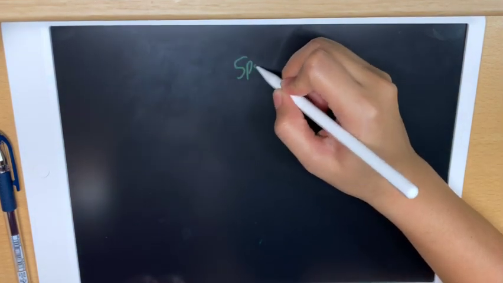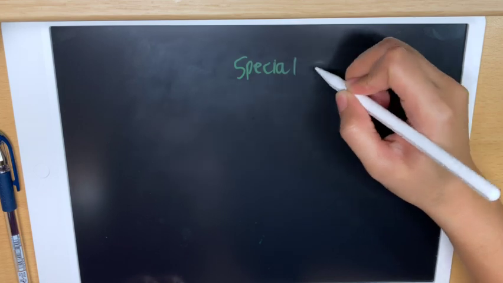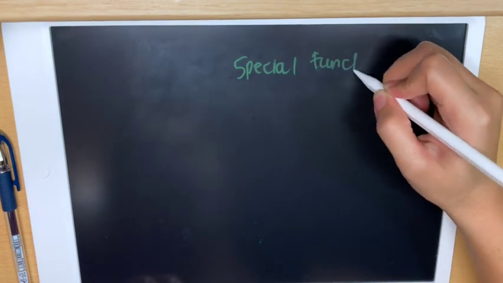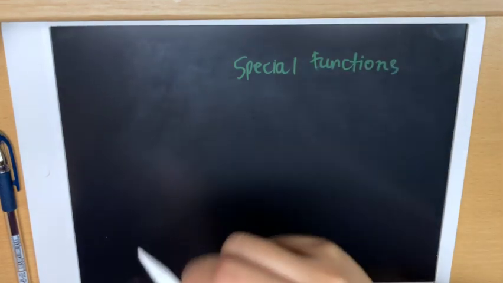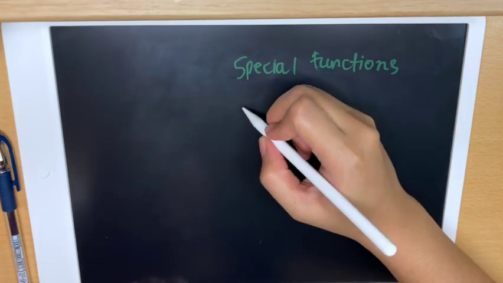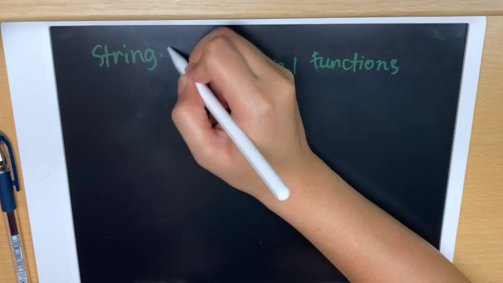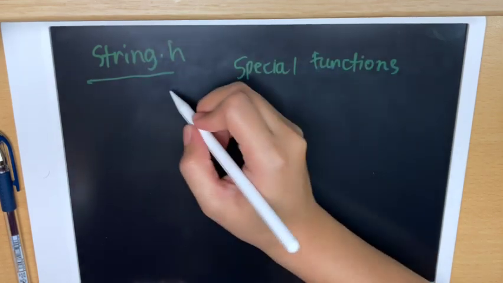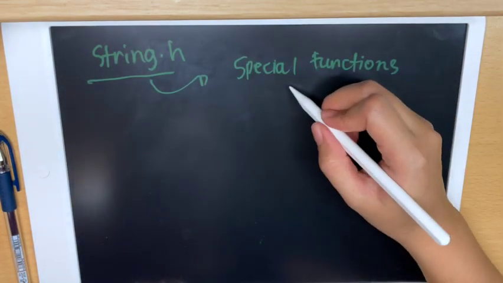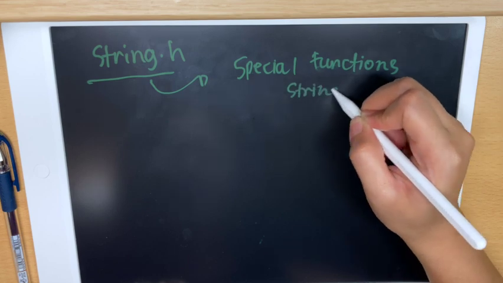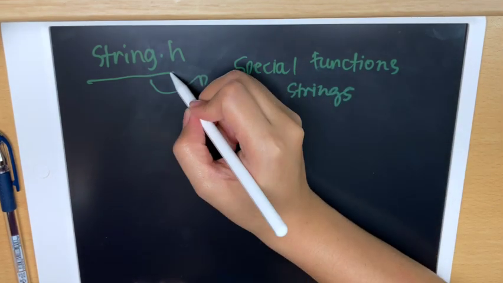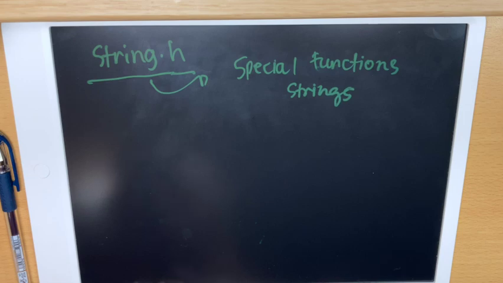Alright, as we mentioned, strings have special functions, and these special functions are found in the string.h library. So these special functions on strings are written in the string.h library.